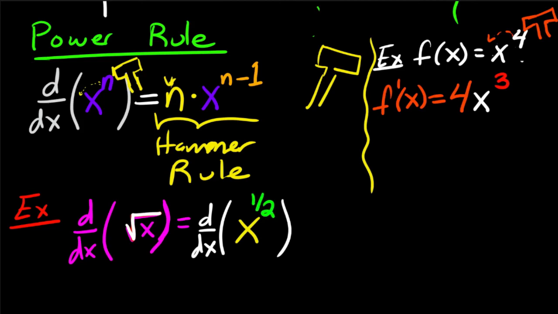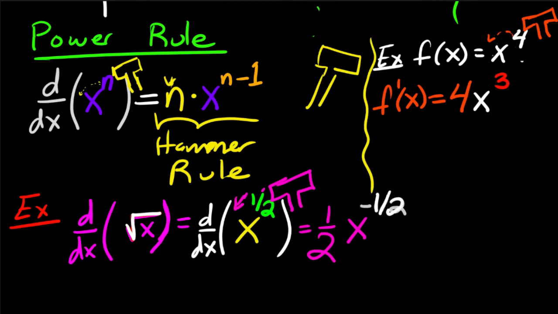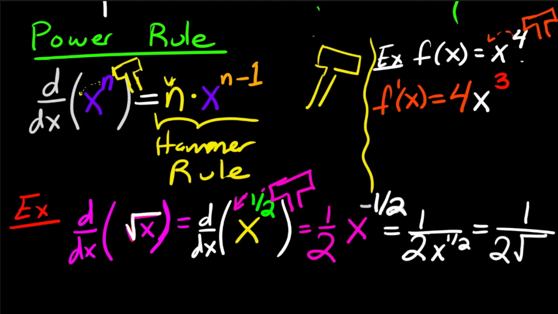Then you go, oh, bring down the hammer. So this comes down. This is equal to 1/2 x to the, now if you subtract 1 from 1/2, you get x to the negative 1/2. Negative 1/2, which is simply equal to 1/2 times x to the positive 1/2 in the denominator, because you move it down to make it positive, which is then equal to 1 over 2 square root of x.